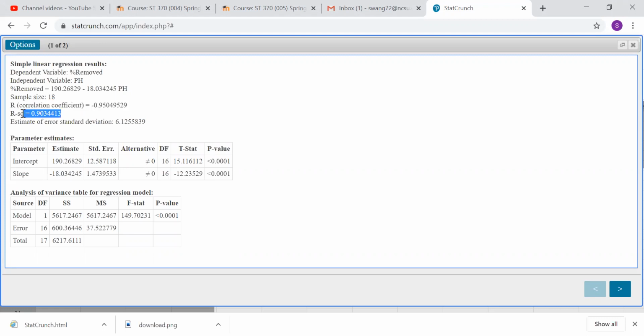So this value is called r squared, or the coefficient of determination. They are the same thing.